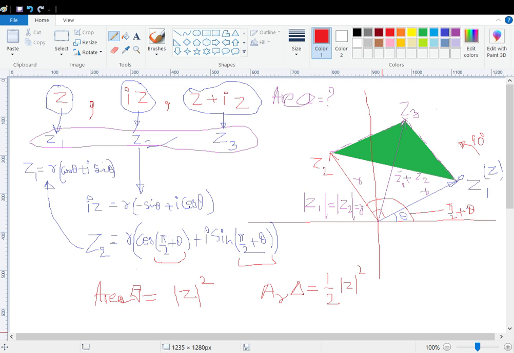So this is how you crack this kind of question on the argand diagram using different form of vectors.